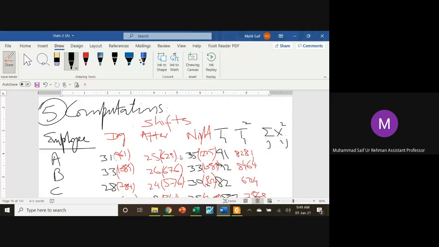So first row, values are there in the braces in first row. Add this 961 plus 625 plus 1225 and write down the answer over here. The answer is 2811.